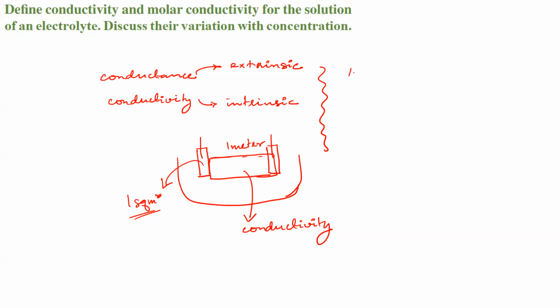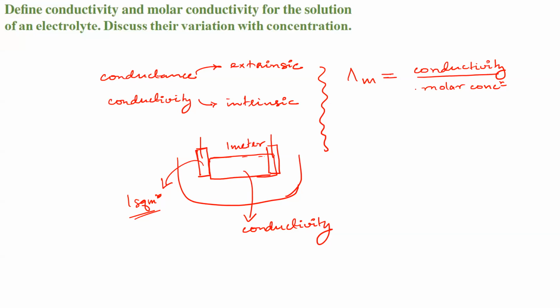Molar conductivity, signified as lambda m, is equal to whatever conductivity you have measured. In the earlier situation, we specified the area, the electrode size and the distance, but we did not specify the concentration. So molar conductivity is conductivity divided by the molar concentration. Okay? Fine. Yes, sir. So this is molar conductivity.